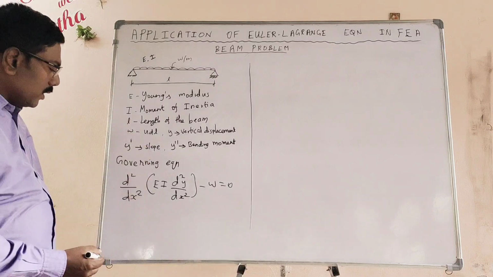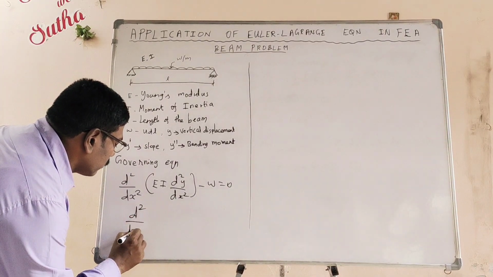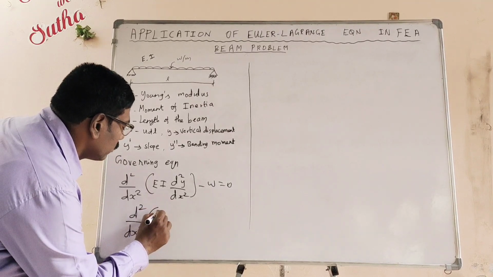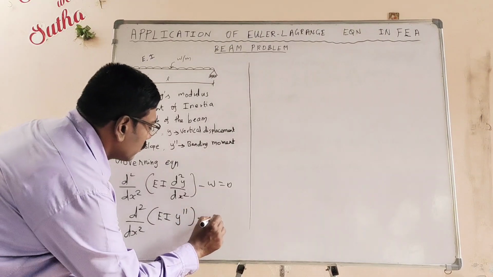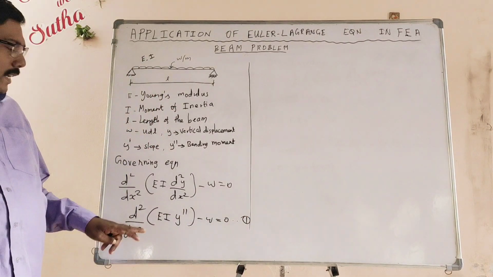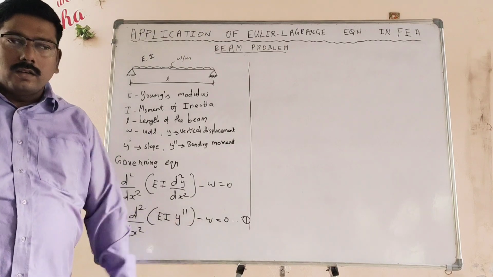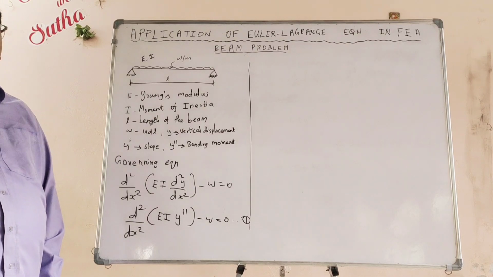I am writing in this format: d square by dx square of EI into y double dash minus W equal to 0. Here I am writing y double dash equal to d square y by dx square.